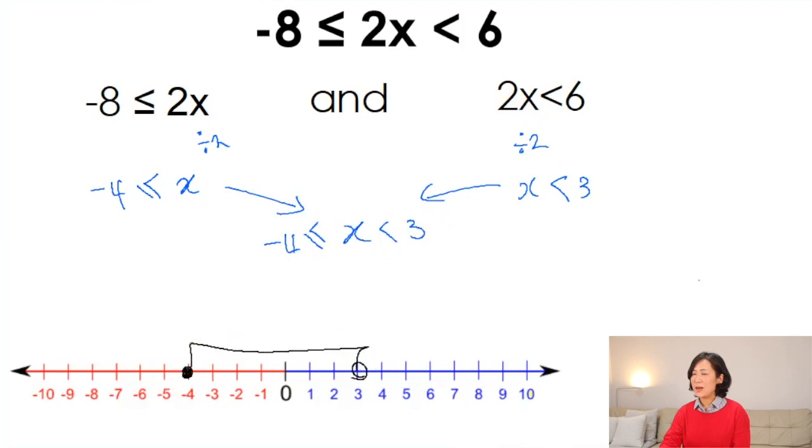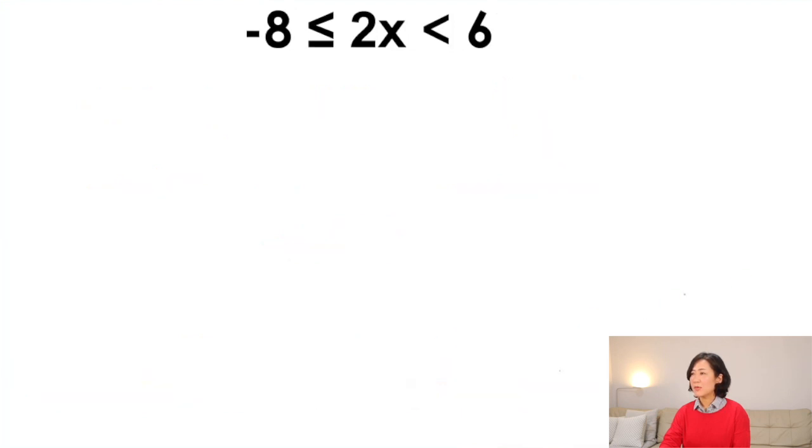These are the answers for this compound inequality. Then I have a question. When we solve this, we actually separate the inequalities. My question is, is there any simpler way to solve these inequalities? Every time we see a compound inequality, should we separate them and solve independently?